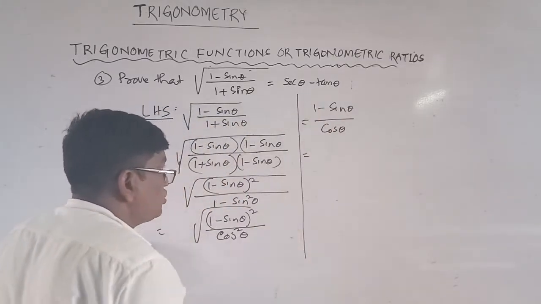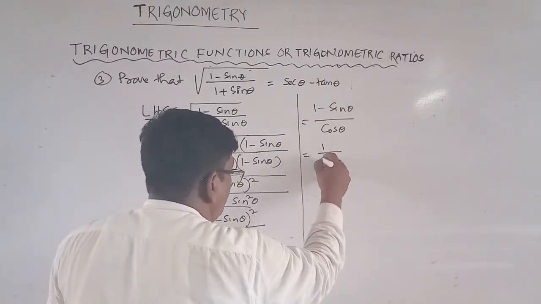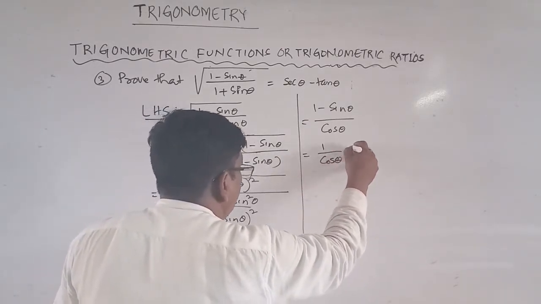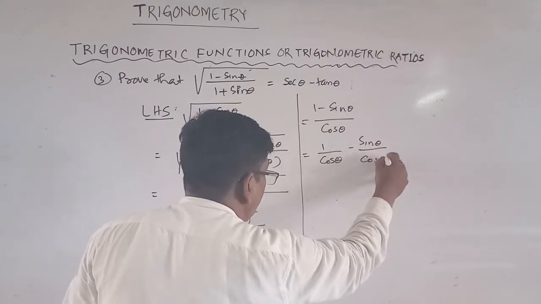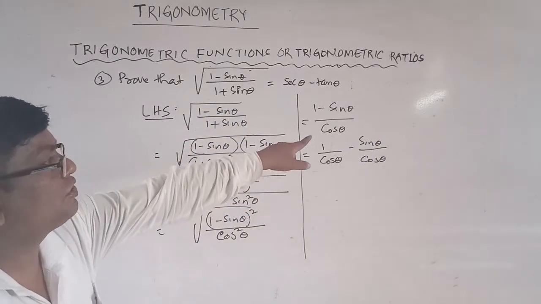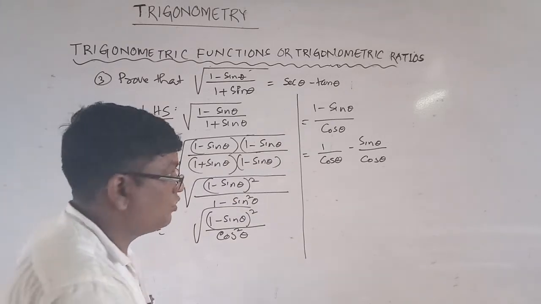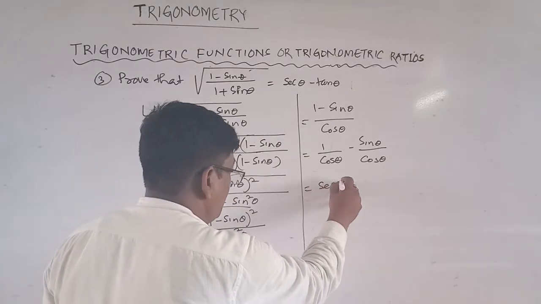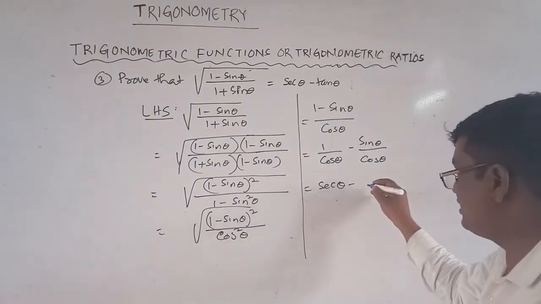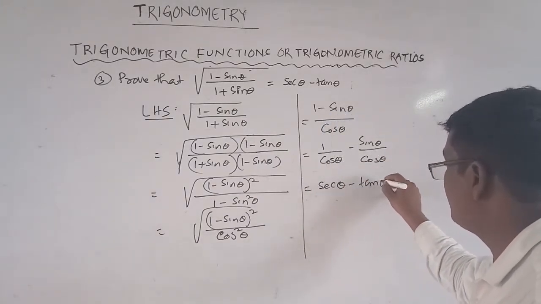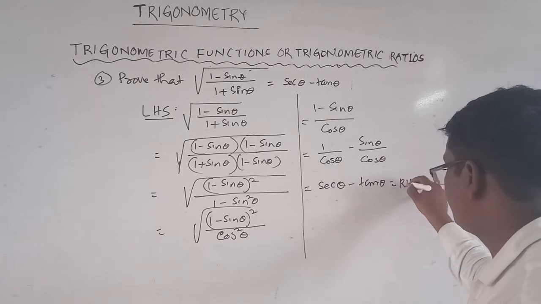So 1 by cos theta minus sin theta by cos theta. 1 by cos theta is sec theta, and sin theta by cos theta is tan theta, which is equal to the RHS.